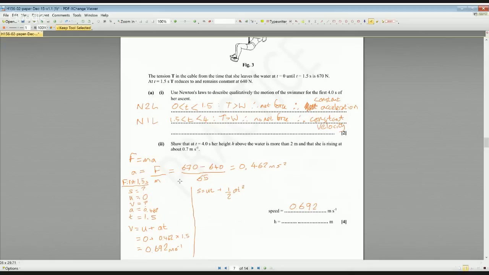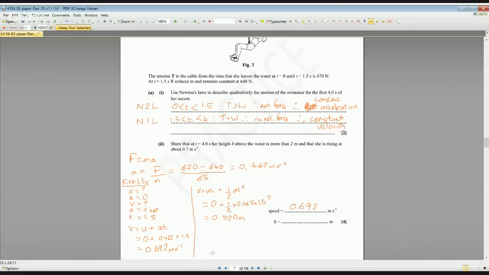We know A, and we are confident about T as well. It's 1.5. So again, half times 0.462 times 1.5 squared, and that gives us a distance traveled, just during the first part of the journey, of 0.520 meters. Not very far, but half a meter.